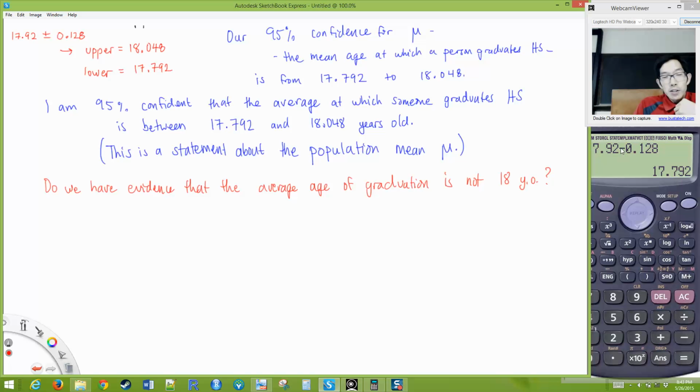Why is it no? Because the upper limit is 18.048, so 18 is within my interval.